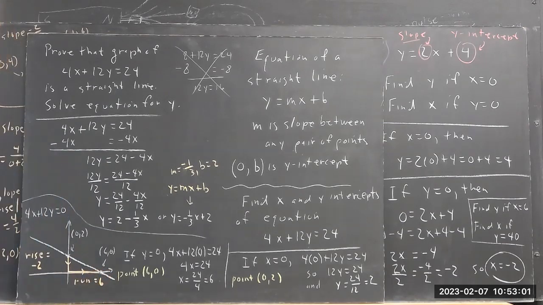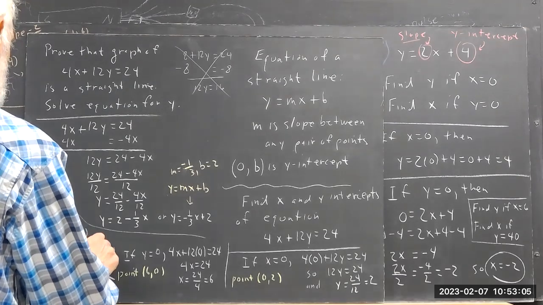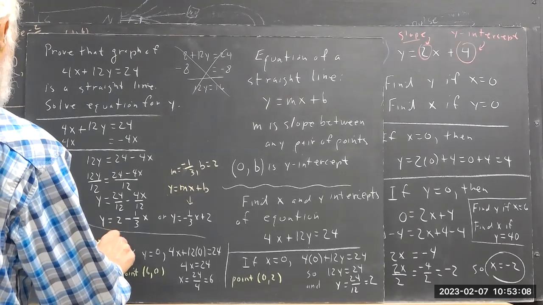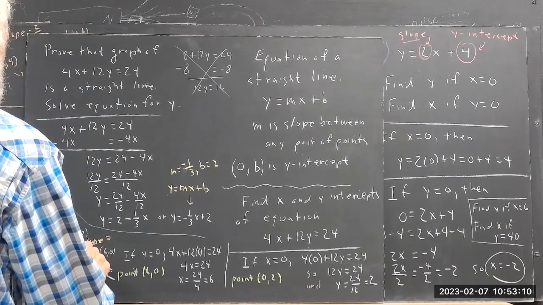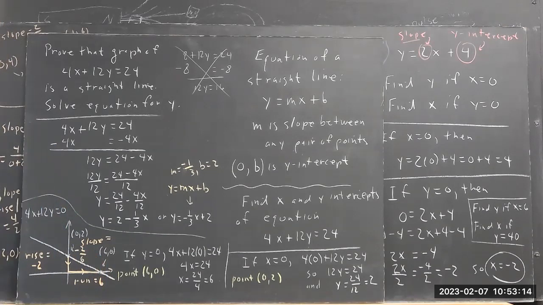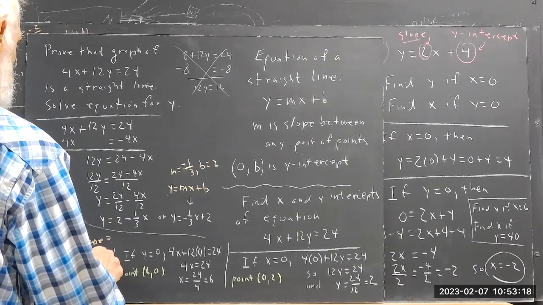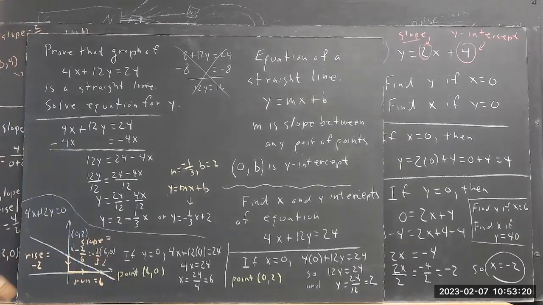The run is 6. Slope is negative 2 over 6, which is negative 1/3. Okay.